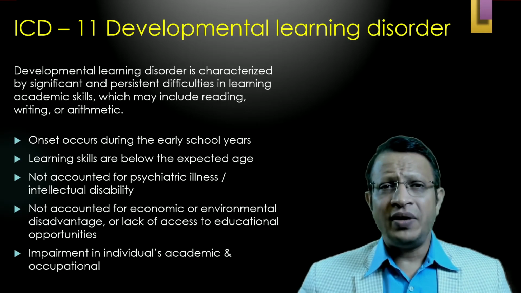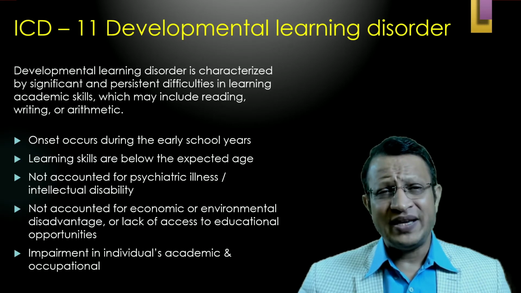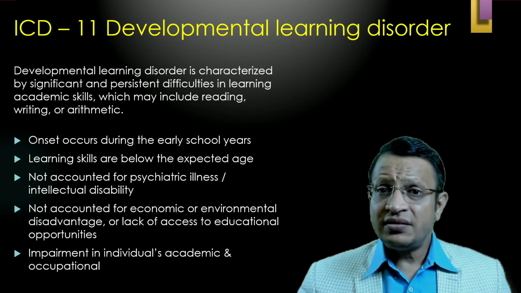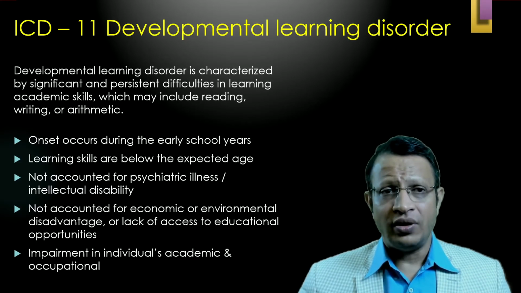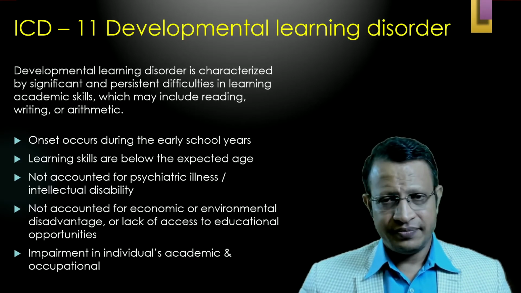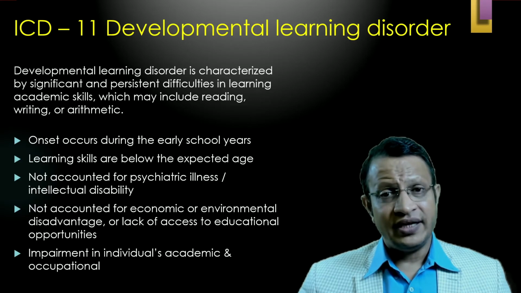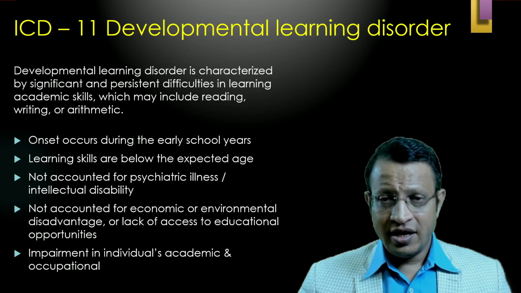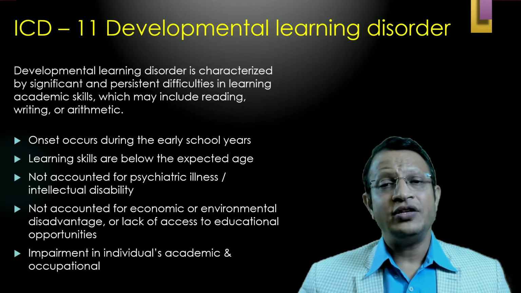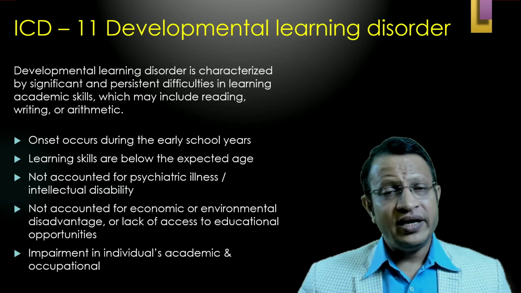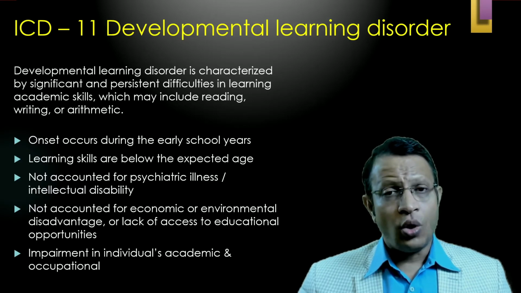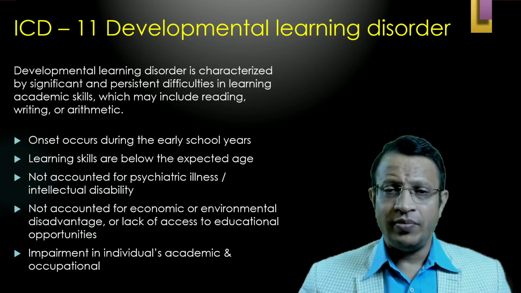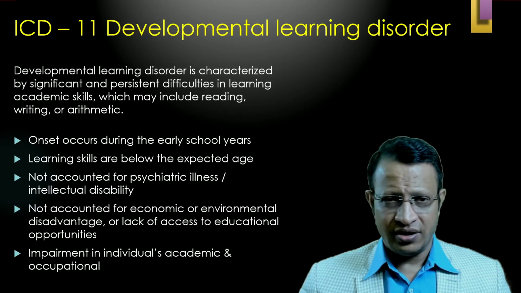If you look at the developmental learning disorder, it is characterized by significant and persistent difficulties in learning academic skills, which may include reading, writing, and arithmetics. Further, ICD-11 also clearly says that the onset should be in the early school years. Learning skills are below the expected age, not accounted for psychiatric illness or intellectual disability or any other medical condition.